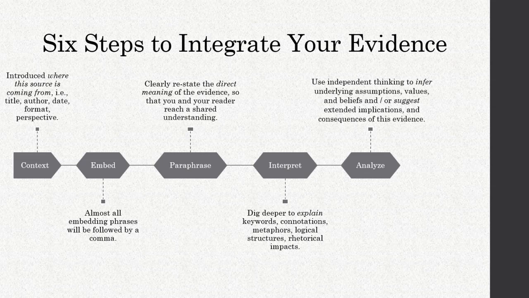You can also suggest extended implications or consequences or impacts of the idea that you've used as your evidence. So this could be things like, this would lead to, this would cause. You're using independent thinking to stretch the meaning of that quote based on your topic, based on your knowledge and assumptions.